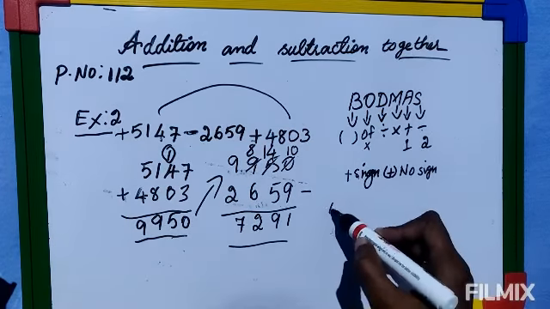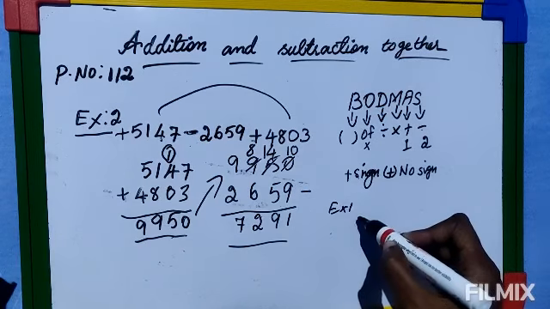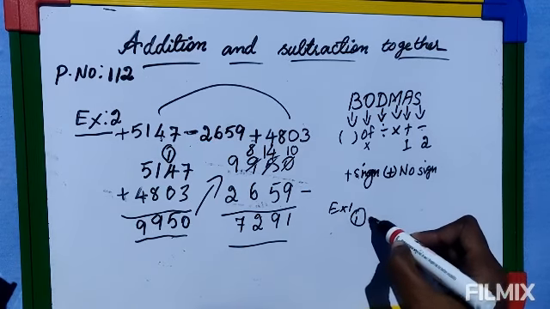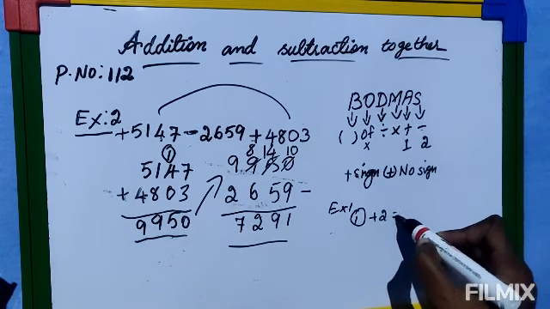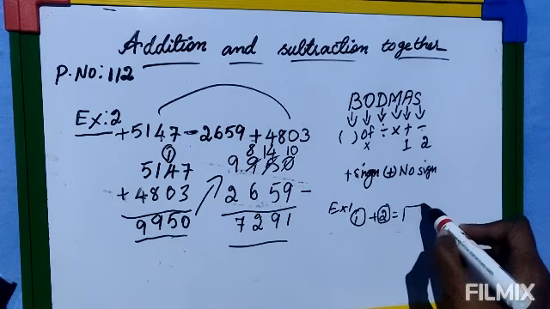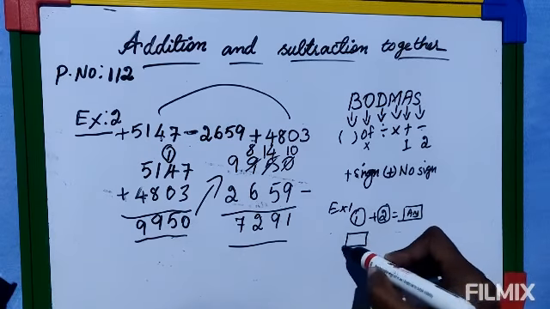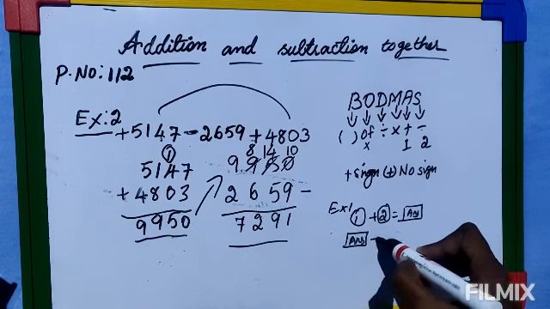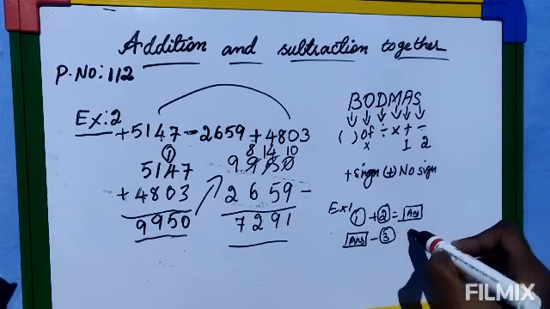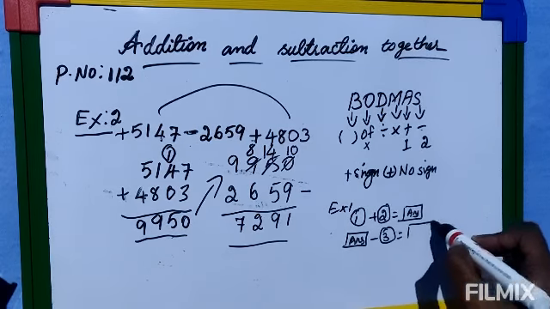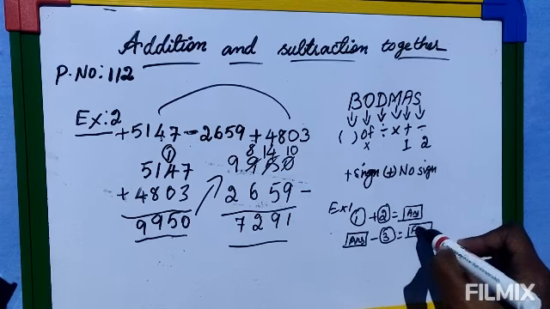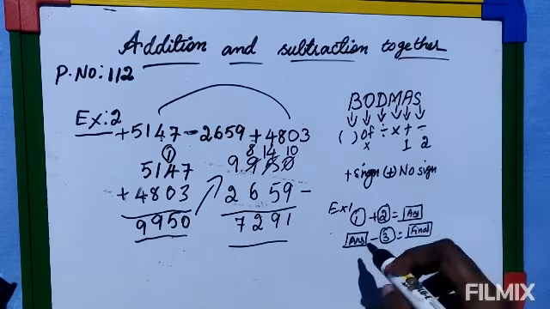In the first example, you have to add the first number and the second number. If you add these two numbers, you will get the answer. From this answer you will minus the third number. So this is the final answer.